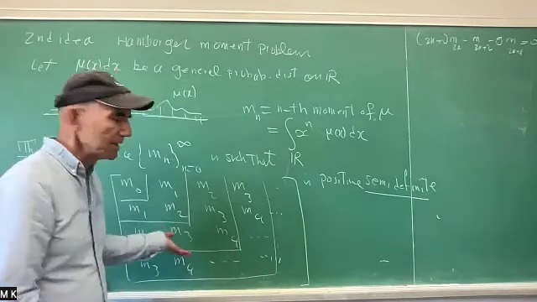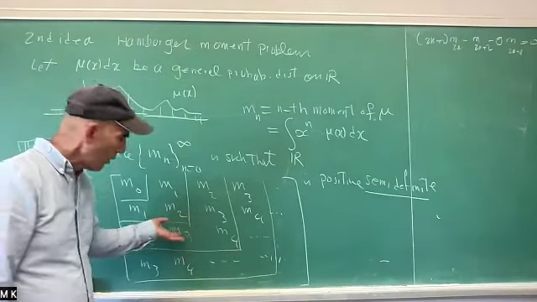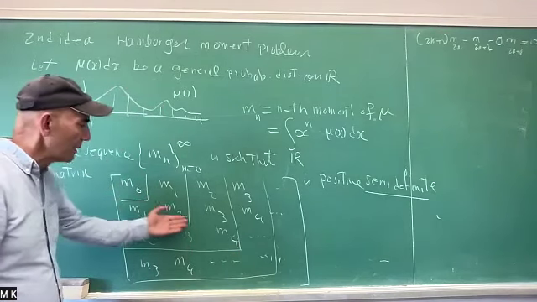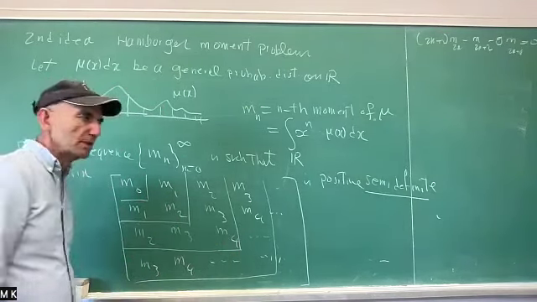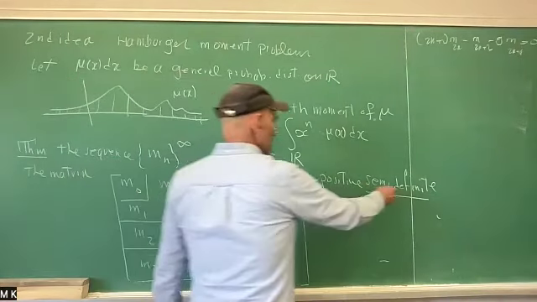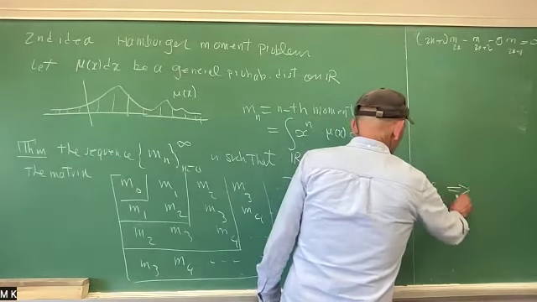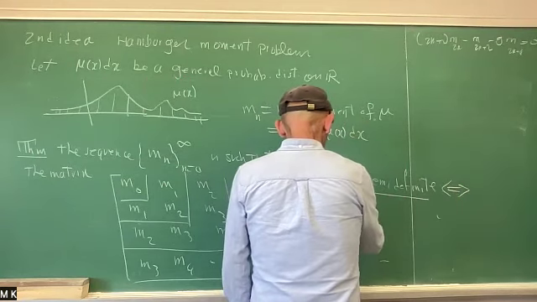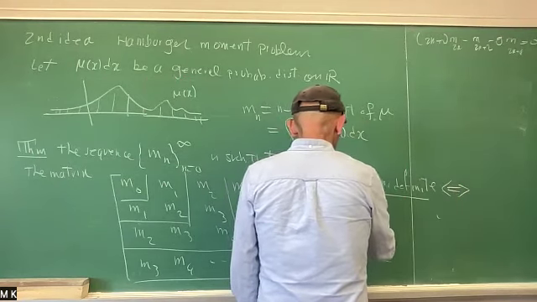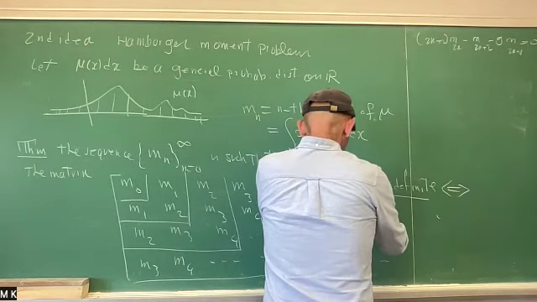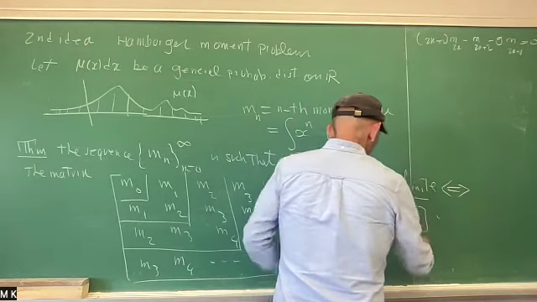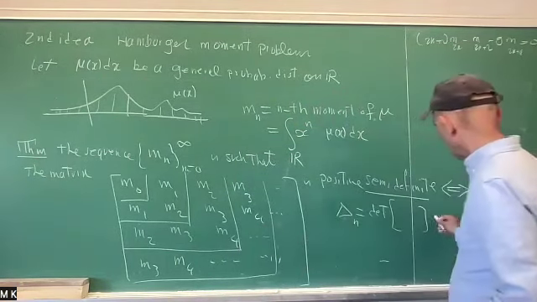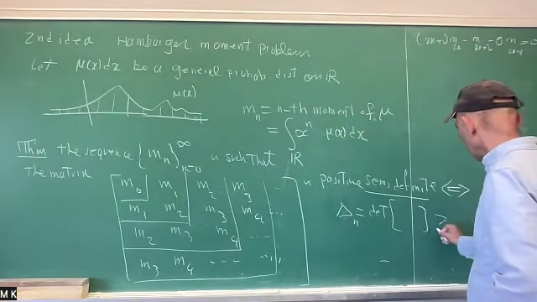This means that it's a symmetric matrix, of course it is symmetric, and all these determinants are non-negative. So all determinants delta n, the determinant of the top left corner, are bigger than or equal to 0.